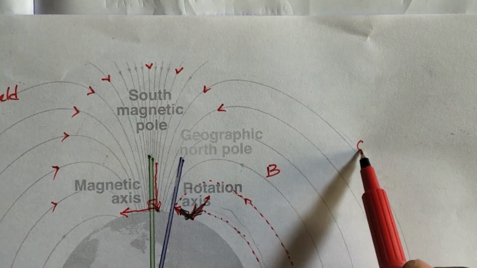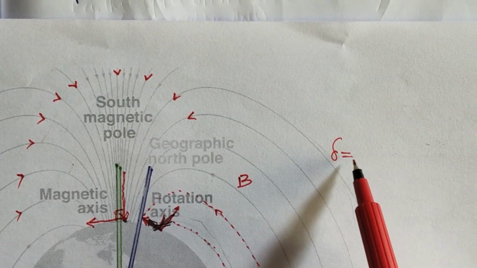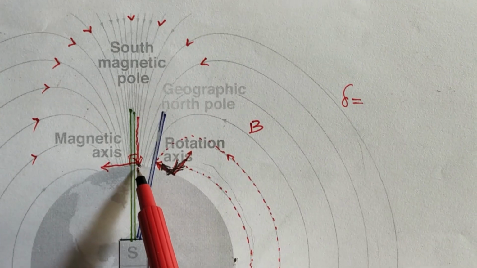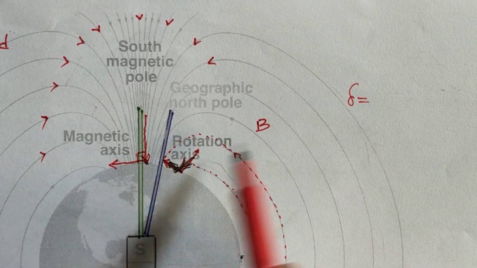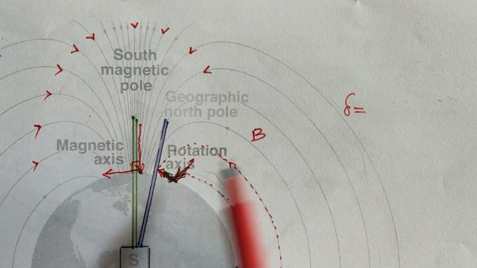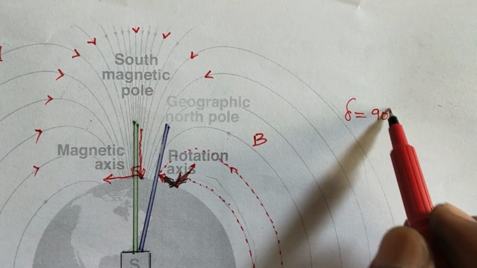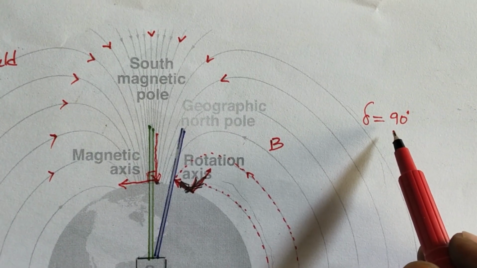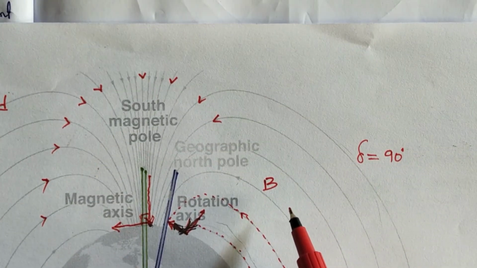Dip angle. Earlier we studied that the angle made by the direction of Earth's magnetic field with the horizontal direction of the magnetic meridian is called dip. Therefore, at the pole, the dip angle is 90 degrees. So, when the dip angle is 90 degrees, what will be the vertical component?